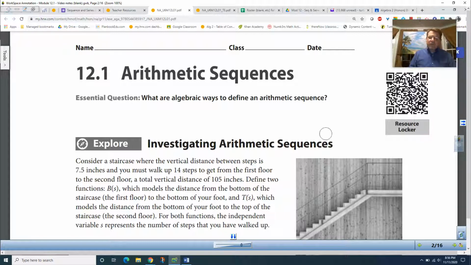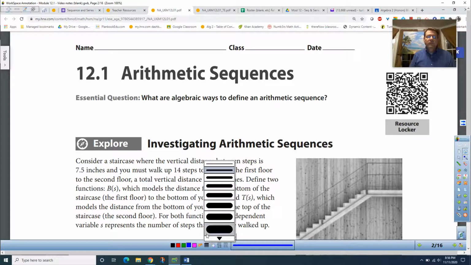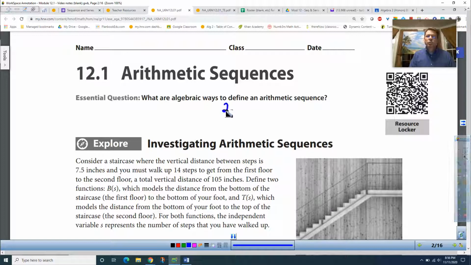Just for an example, let's give a list here. Let's say 2, 4, 6, 8, 10.